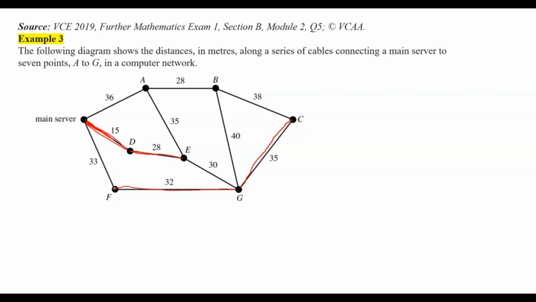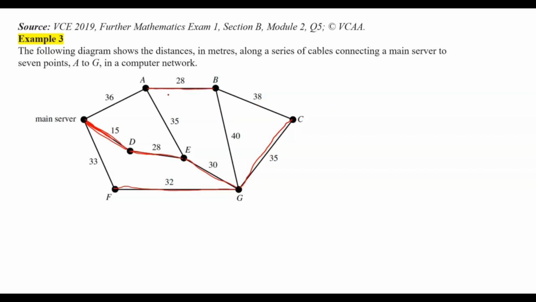So we do that. Again, G has 2 connections, 30 and 40. We pick the 30. And B has 3 connections: 28, 40, and 38. So we pick the 28.